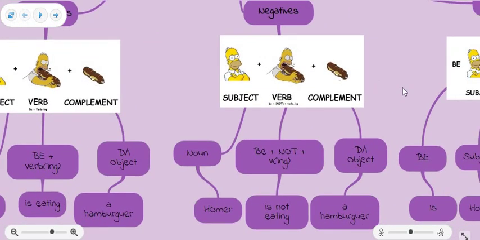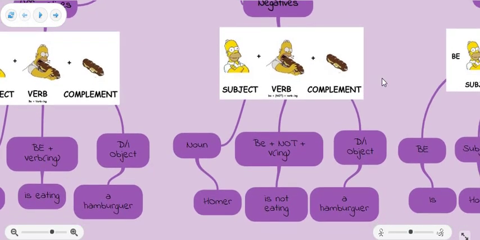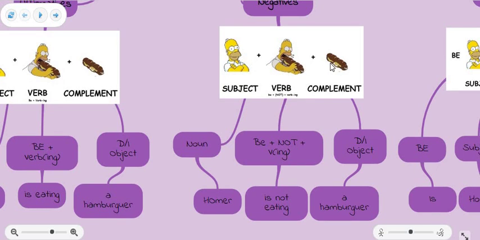Now continuing with the negative form, we will use the same three main components: subject, verb, and complement, but this time, since we are using a negative, the negative form will be not. This not particle has to be added to the verb to be.